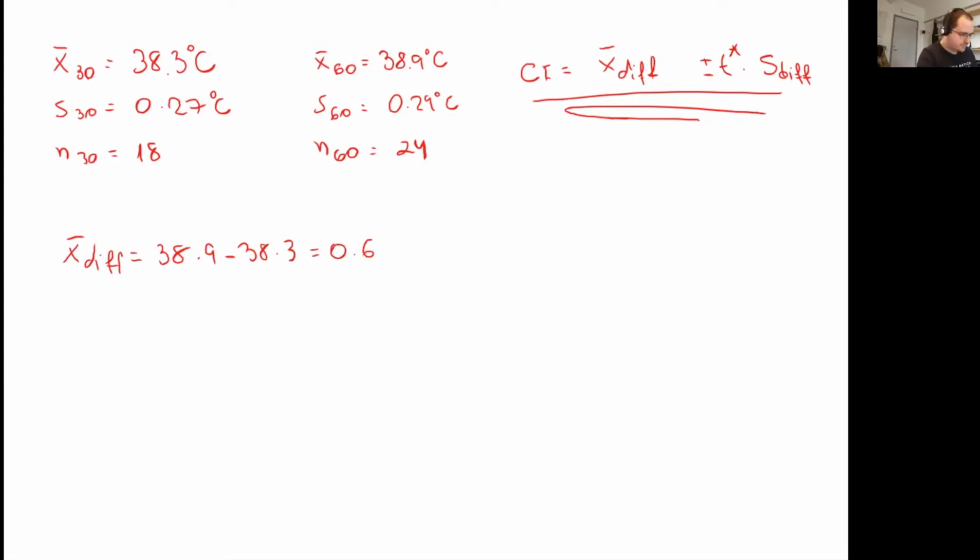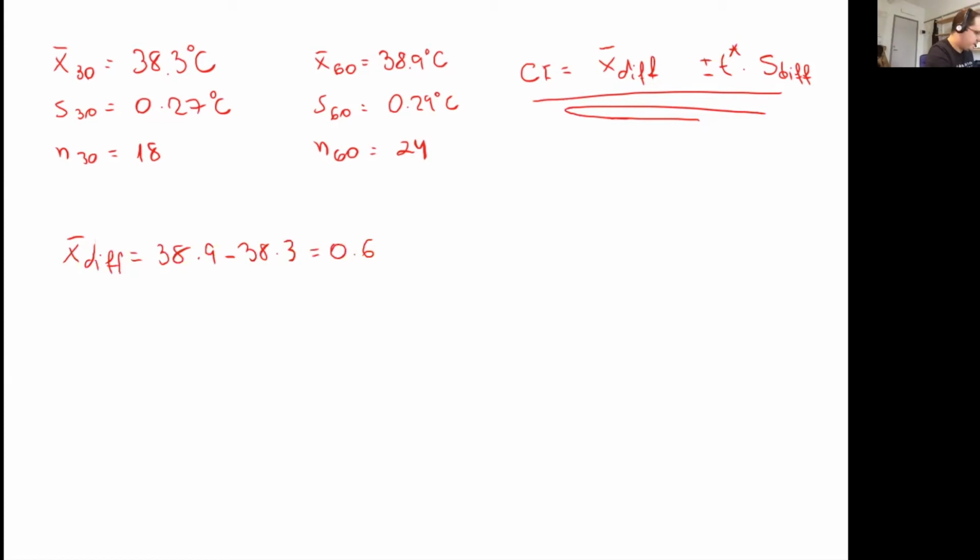Notice that I did the 60 minus the 30. If you do it the opposite, it's exactly the same, as long as you're consistent with this. And I'm about to lose my iPad. Oh my God, let me put it on.